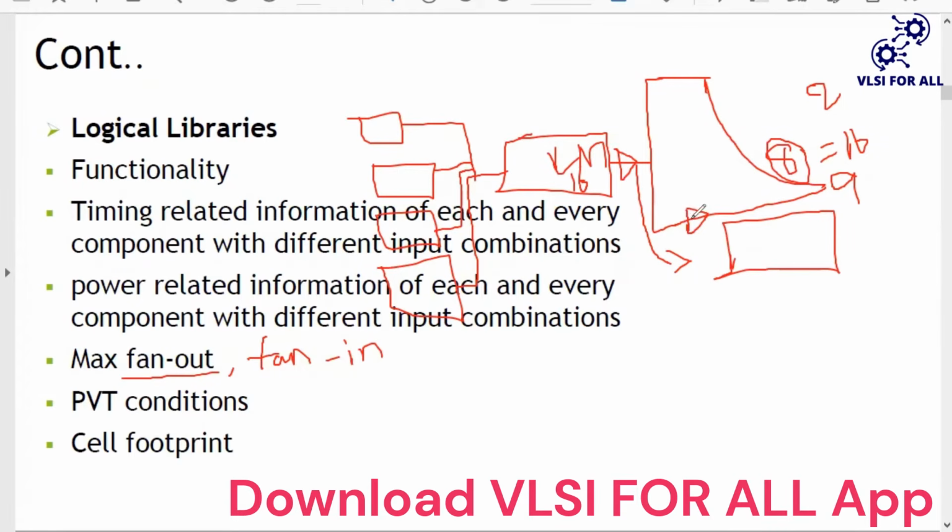Or we can add one buffer to drive this particular cell, so it will be driven by 1 or 2 cells. We can divide it into 2 steps: totally 9 cells, 6 cells with direct connection and the remaining 3 cells through one buffer. This is the way we can cross verify the fan out and fan in in real time.